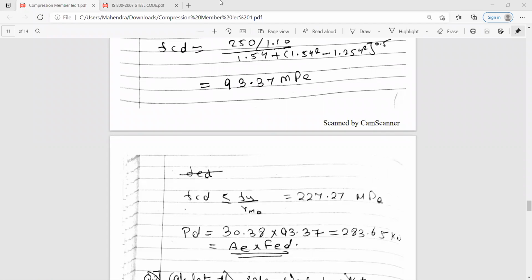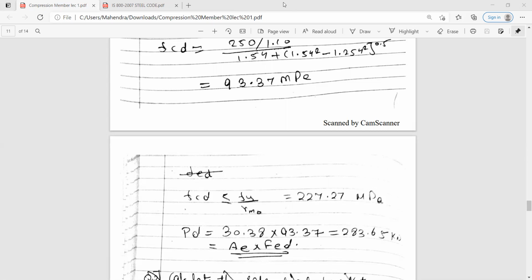You can take a screenshot, and you can solve it later.